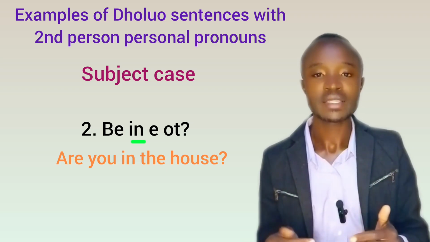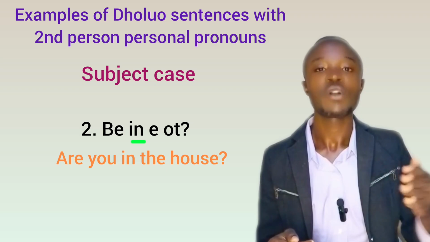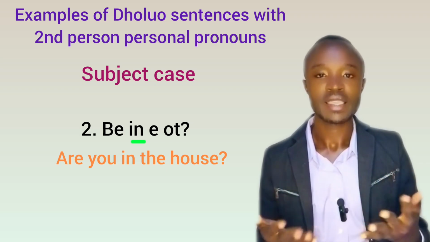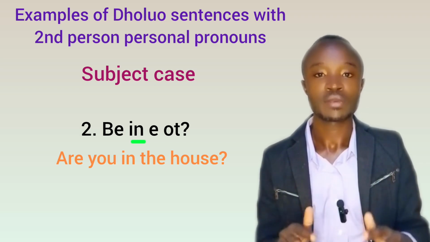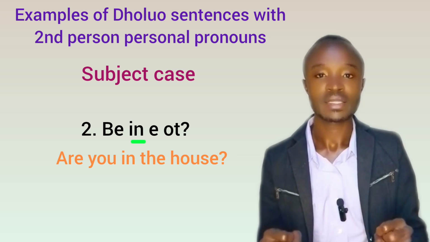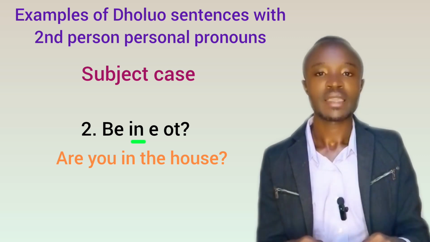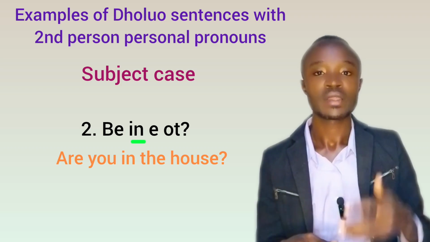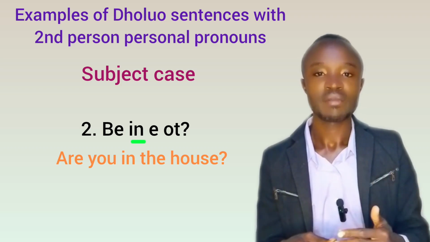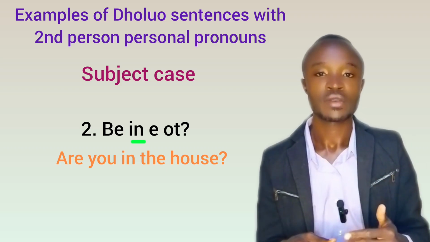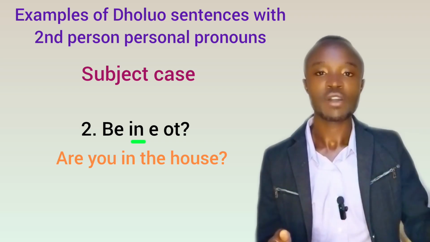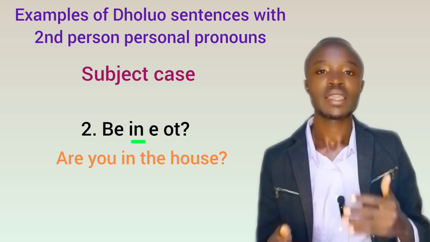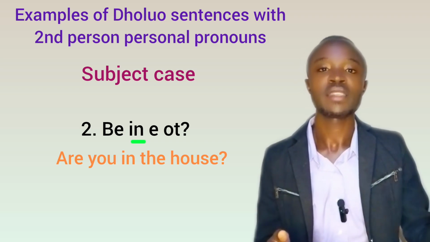And then the other part, in a ot. In is the second person personal pronoun, subject case, singular, and it refers to you in the singular form. A ot means in the house. So the in a ot means is it that you are in the house?